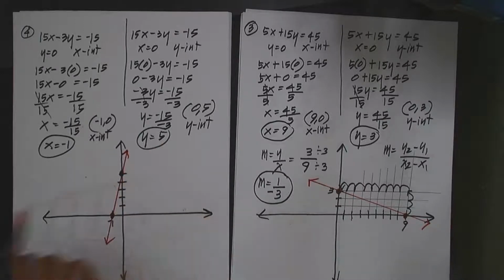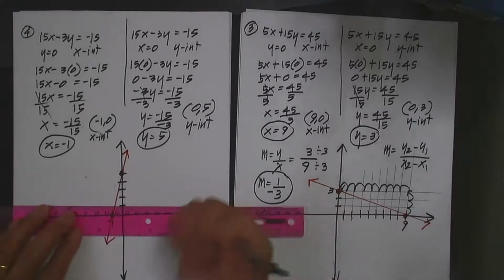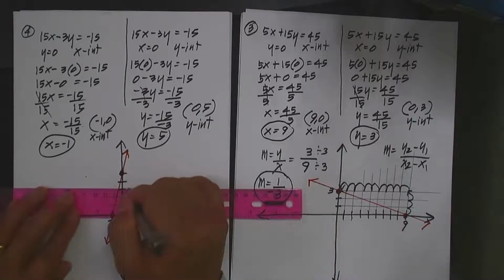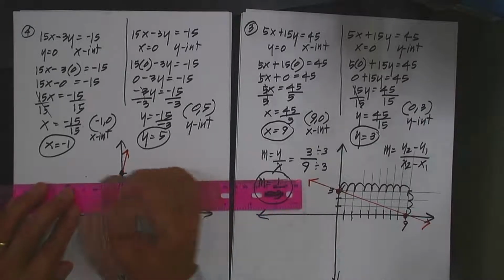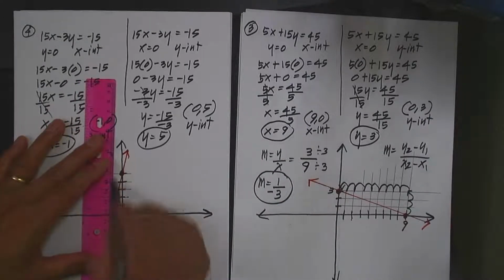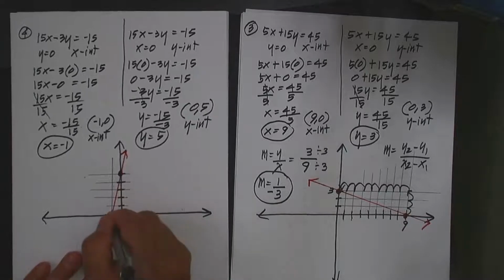Now, let's count. Since the line is heading to the right, what is your slope? When your line is facing to the right, what does it mean? It's positive.